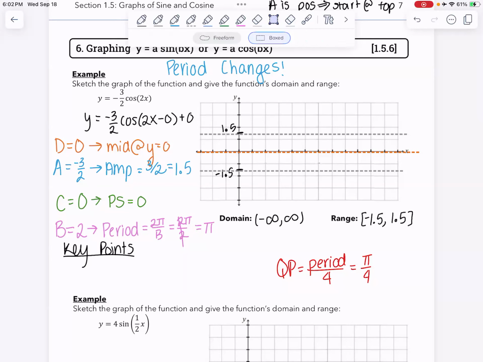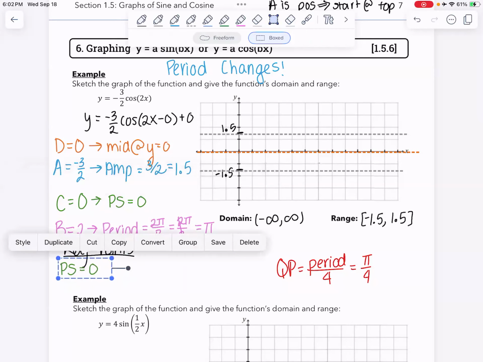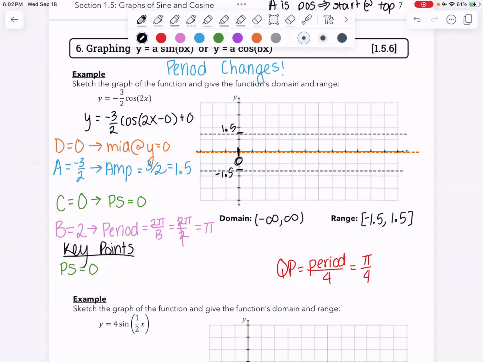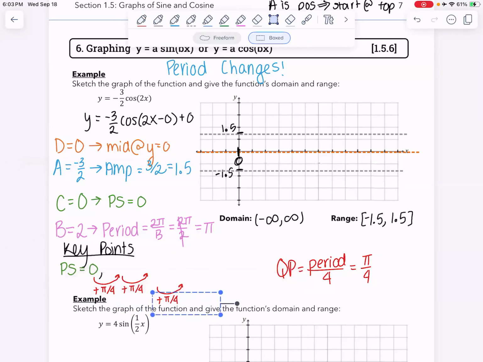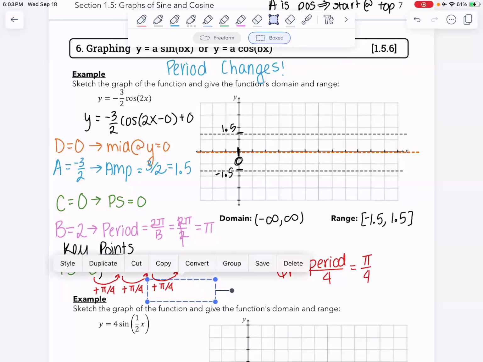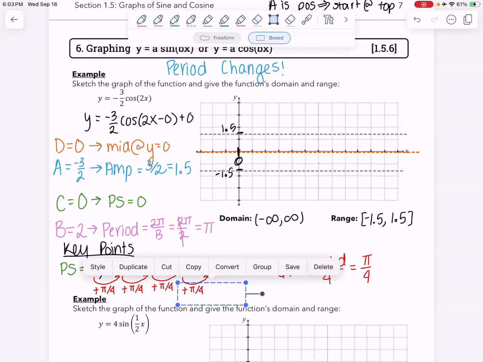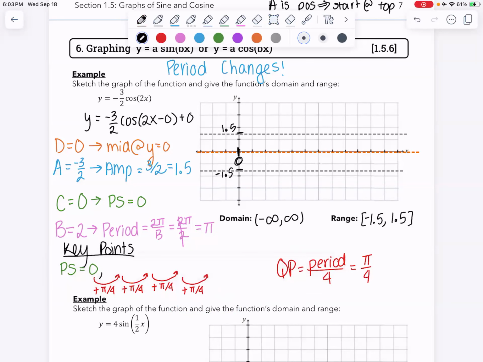Key points. We always start with our phase shift as our first one. Our first key point is 0. So that means, boom, that's our first one. And then we just add pi over 4. We're going to do that until we have 5 values. 1, 2, 3, 4. I think I need one more of these. We'll find out. So 0 plus pi over 4, that's pi over 4.